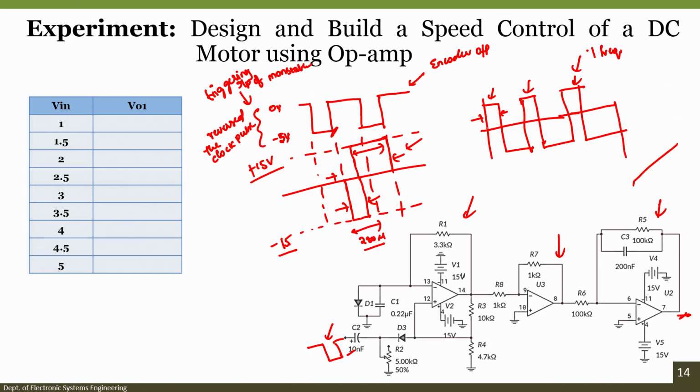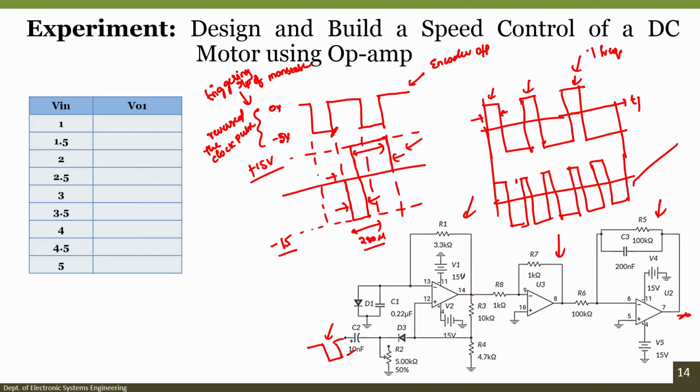For the same fixed time duration, say this is time t1, for the same t1 we can see more number of pulses.